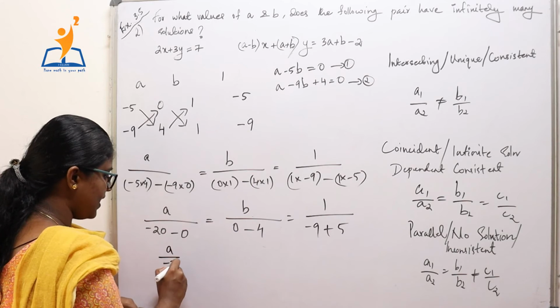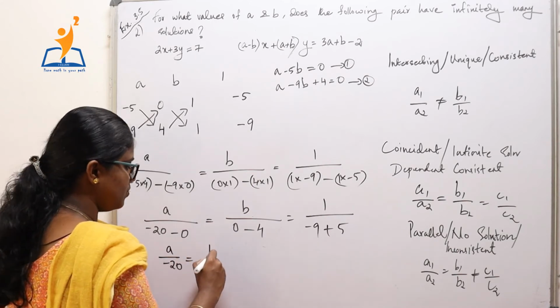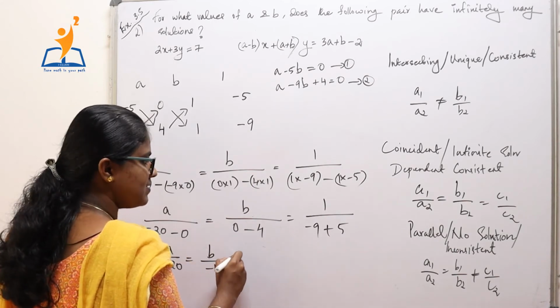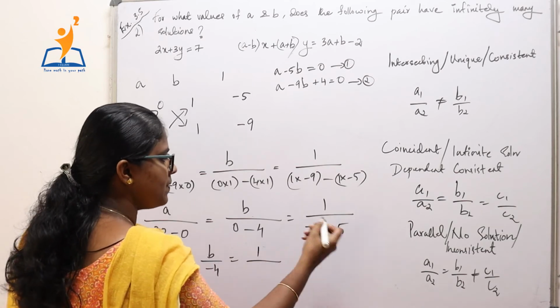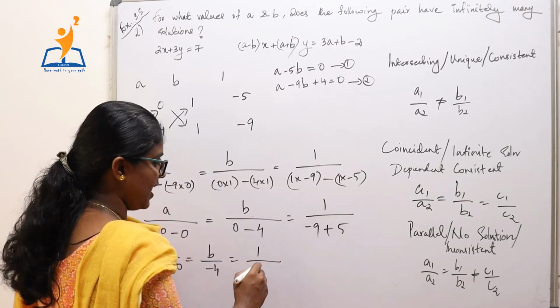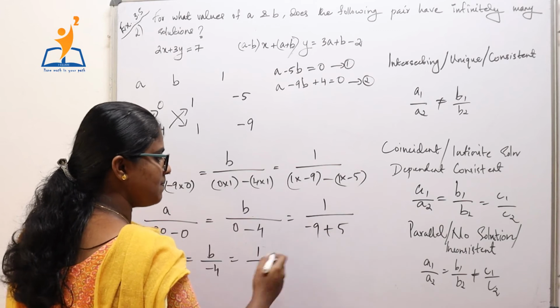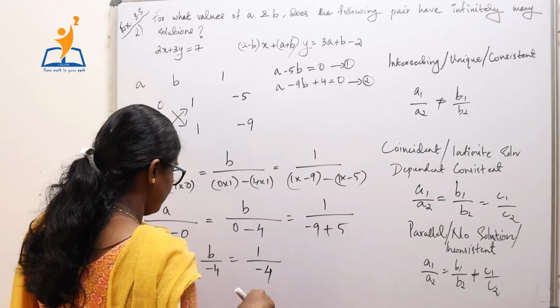So a by minus 20 is equal to b by minus 4 is equal to 1 by minus 9 plus 5, which is minus 4.